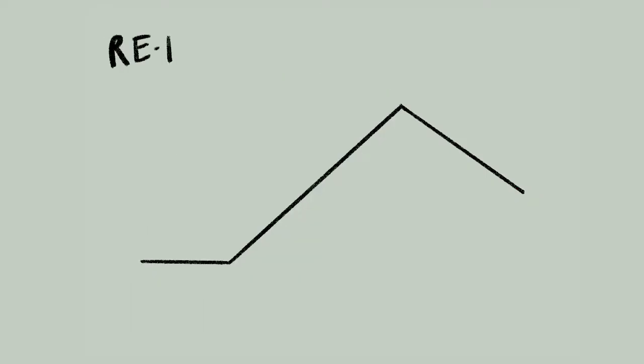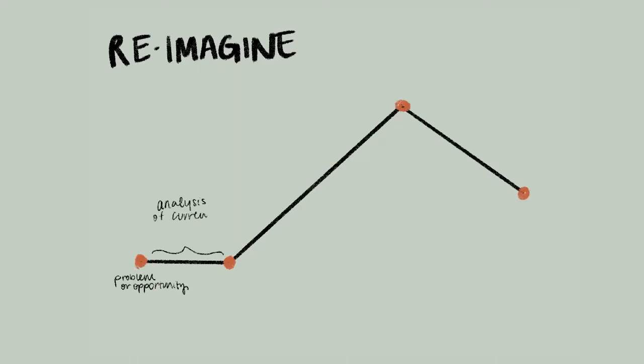Next is reimagine. So again, we'll start with the problem or opportunity statement. Next, we might include content about analyzing the current solutions that are already out there, because if we're reimagining something, chances are there is some competitive analysis that we've done throughout this project. Next, you might outline the key drivers, or based on the research that you did, what do you want the new solution to have?